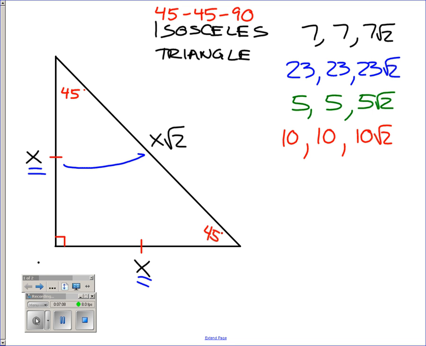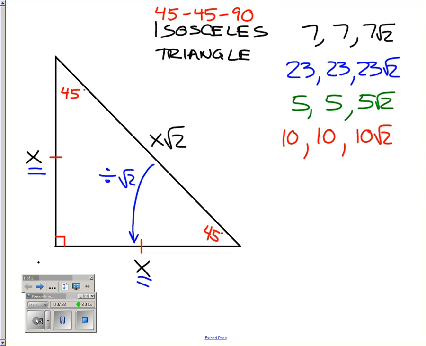To get to the hypotenuse, you have to multiply by the square root of 2. So you're going from a leg to the hypotenuse. If you're going the opposite direction, from the hypotenuse to either of these two legs, you have to divide by the square root of 2.